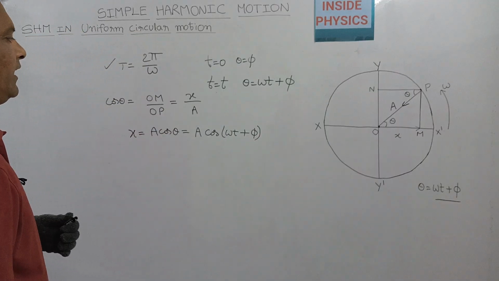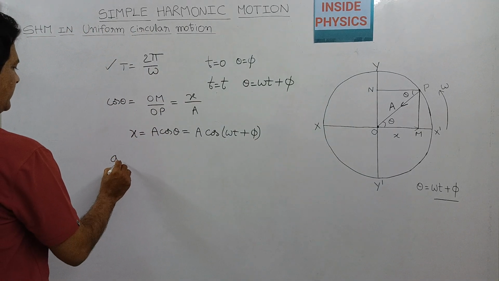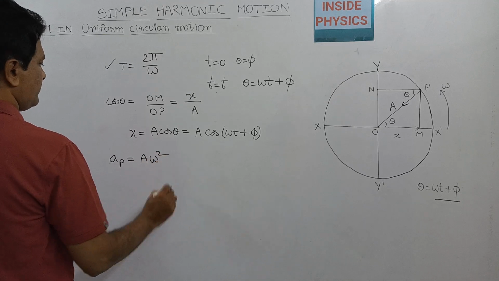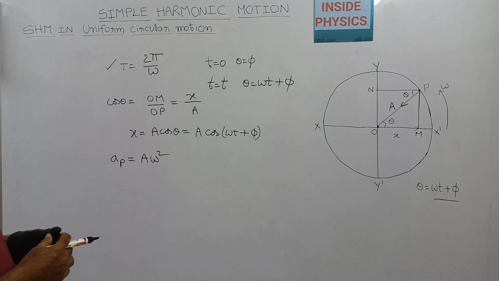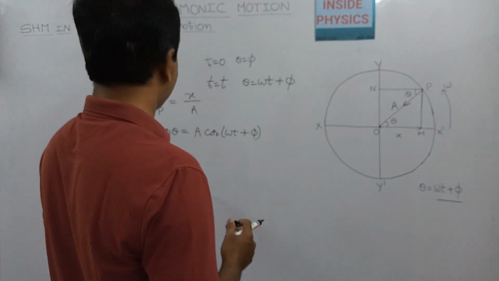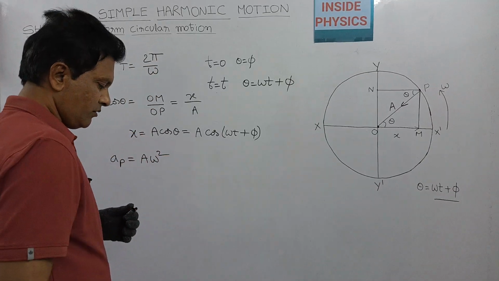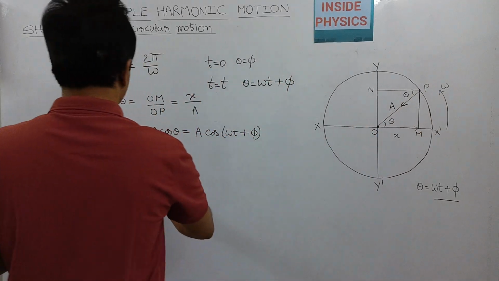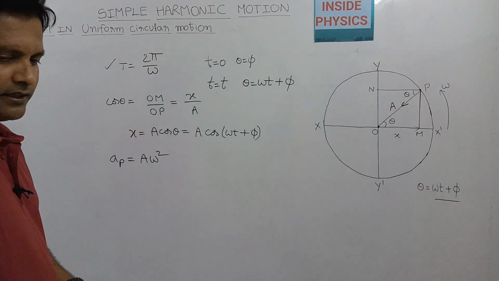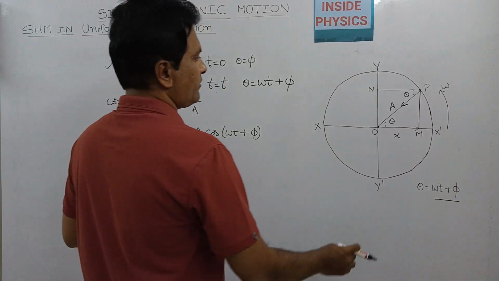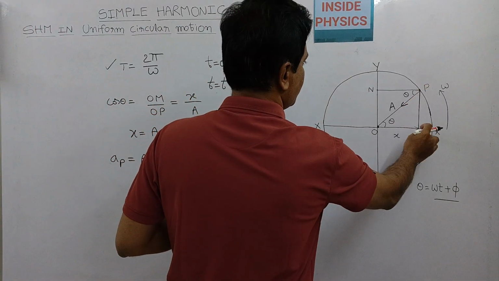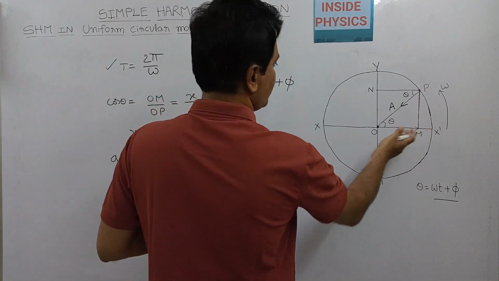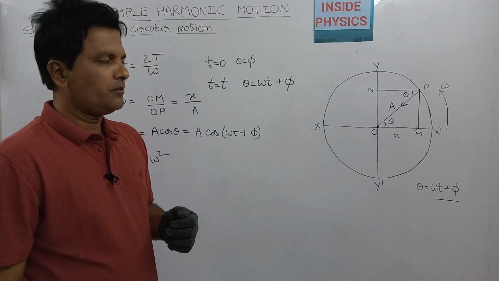So the centripetal acceleration of the particle we can write as A omega square, right? That is the centripetal acceleration of the particle, and here we want the acceleration of the projection Pm.